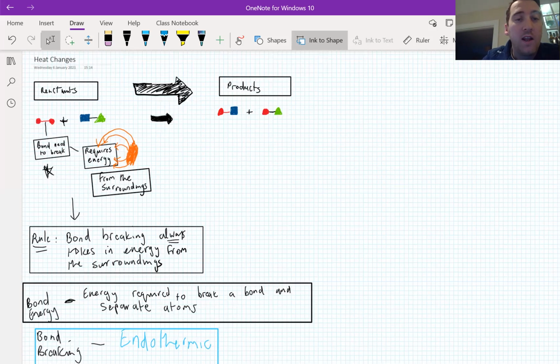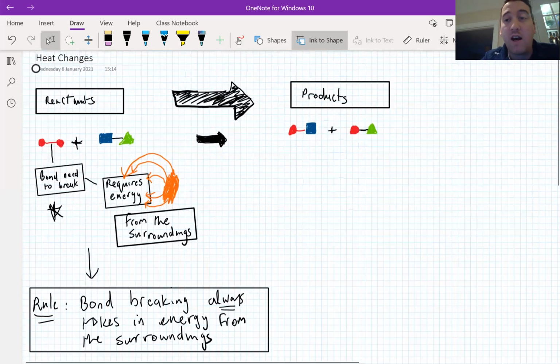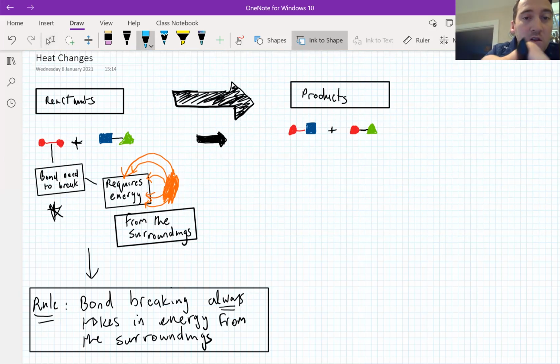Now, let's go back up and review what's happening after we break the bond. So after enough energy has been given in to break the bonds, we then have these atoms that were in the reactants, but they're separated from each other.